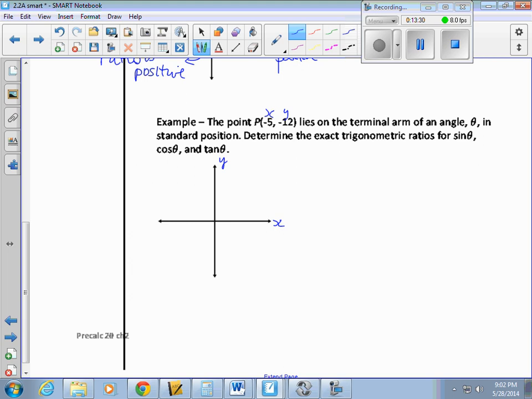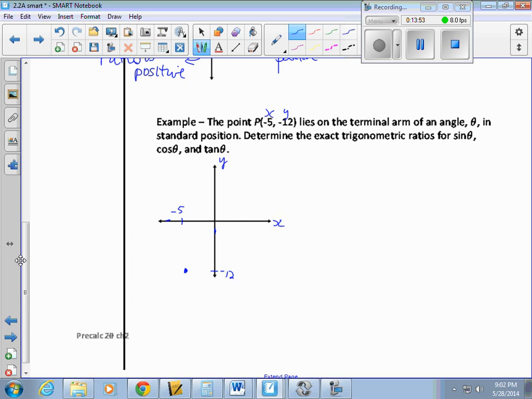So -5 and -12 means that I'm going to have both values negative. So x is negative on this arm, y is negative on this arm. Let's say that's my -5, and this is going to be approximate. This is my -12. So my point is going to be about right there.